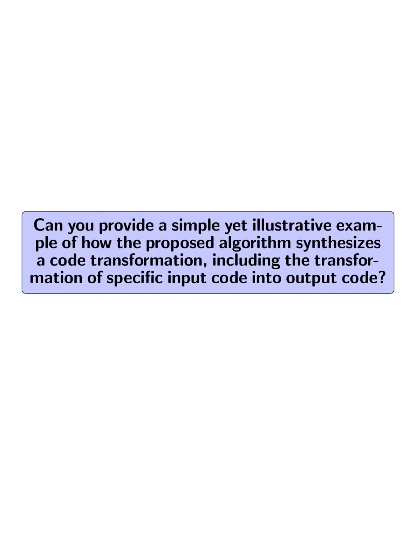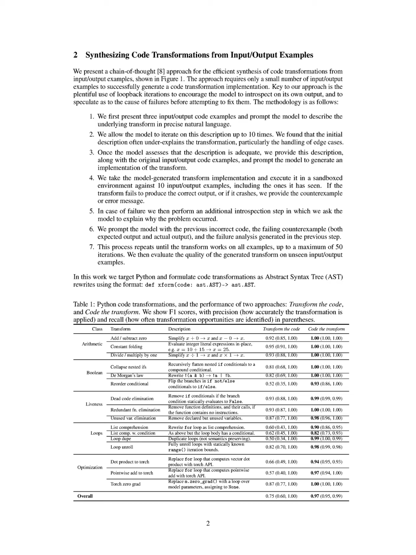Can you provide a simple yet illustrative example of how the proposed algorithm synthesizes a code transformation, including the transformation of specific input code into output code? The algorithm first presents 3 input-output code examples to the model, prompting it to describe the underlying transformation in natural language.